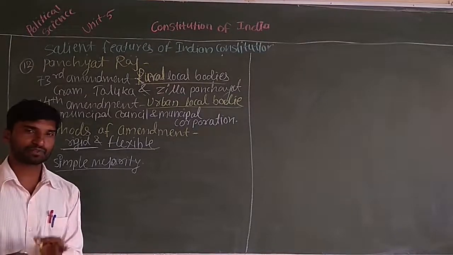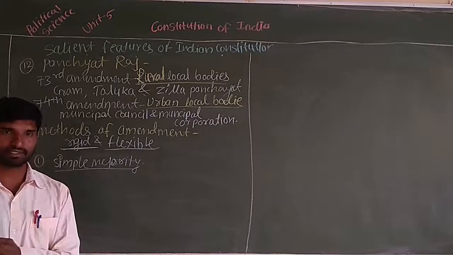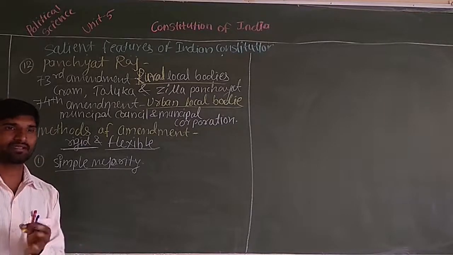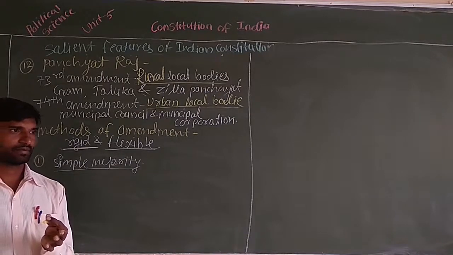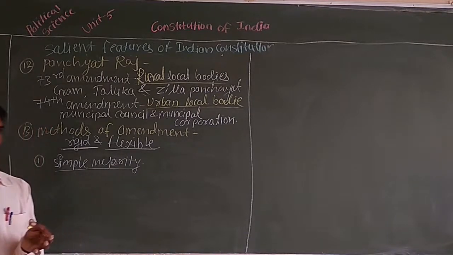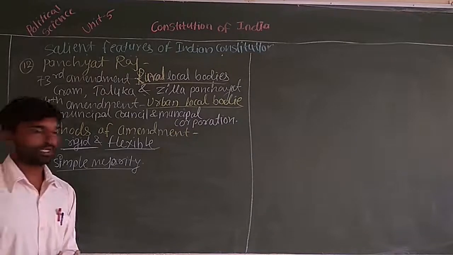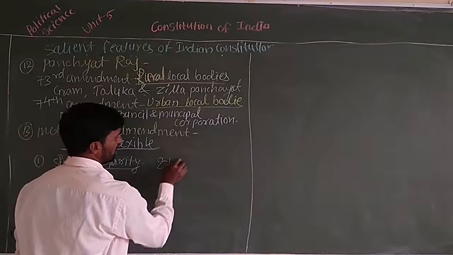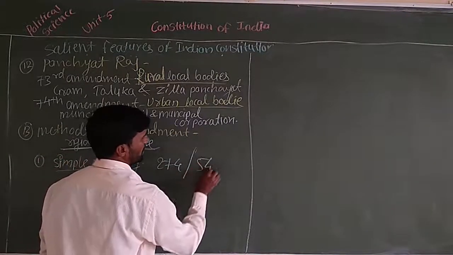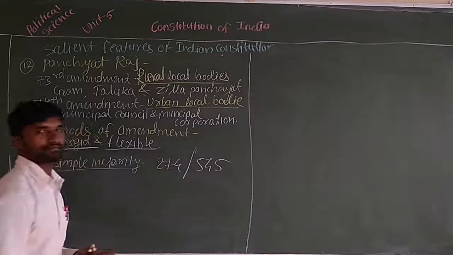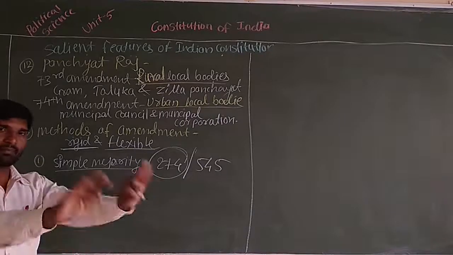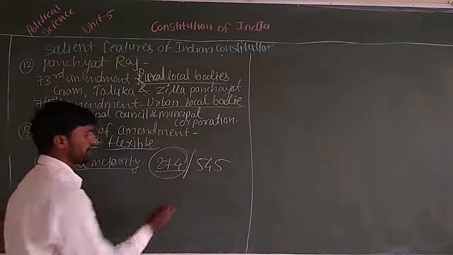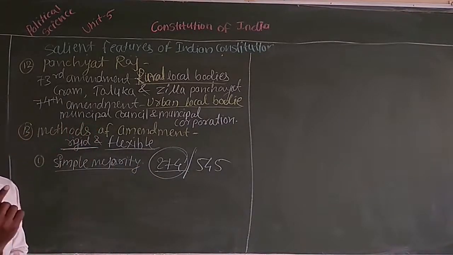That is the number of Lok Sabha members. So 273 or 274 out of 545 is a majority, and the amendment happens. Simple majority. Okay, this is one thing.